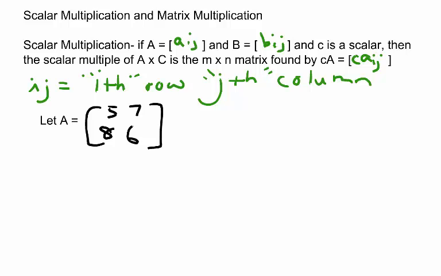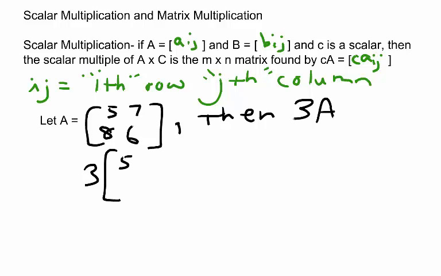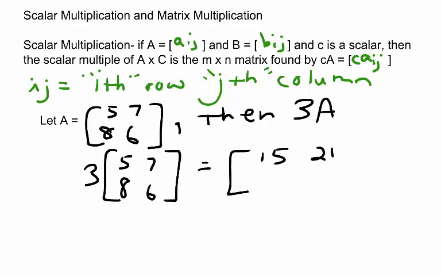And we'll let our scalar multiple be equal to 3, so that then we have 3 times A. What we do is simply multiply each entry in our matrix by 3, our scalar. So we have 15, 21, 24, 18.